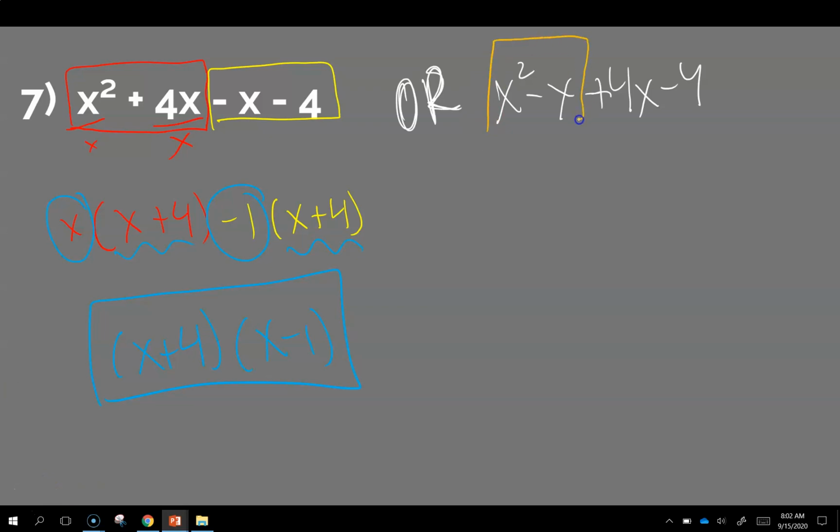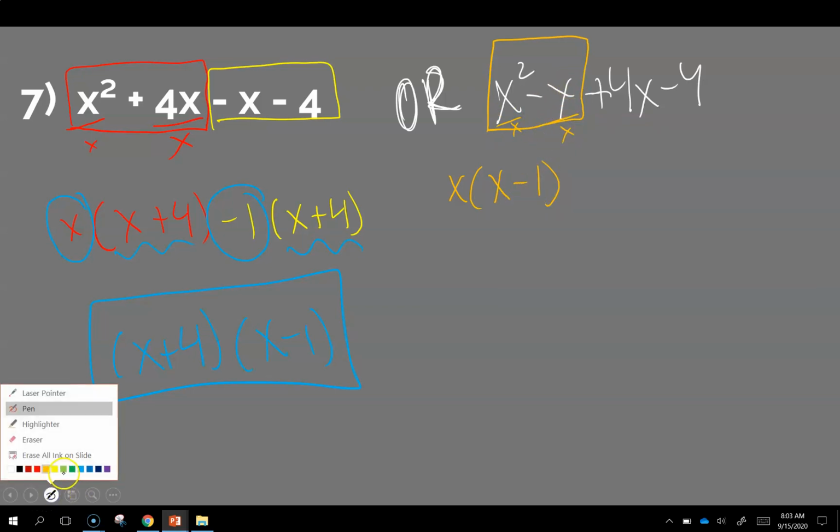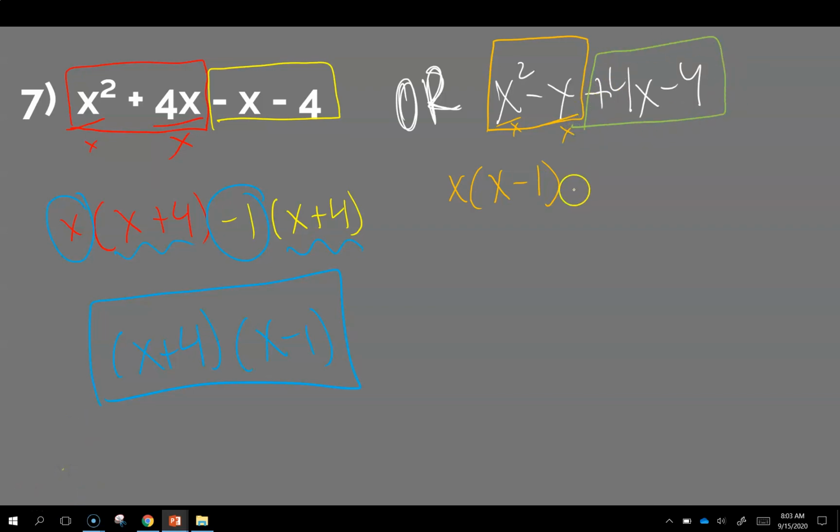In your first group, x squared minus x, again, they both share an x, so I would take an x out. You're left with x minus 1 because negative x divided by x, right? They cancel, but x divided by x is 1. Okay? In my second group, 4x minus 4, I can divide a positive 4 out of both of those.